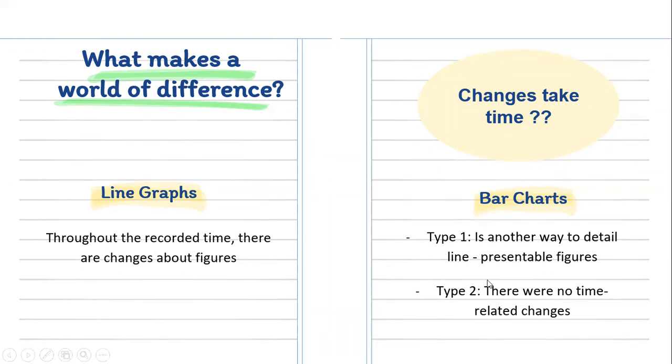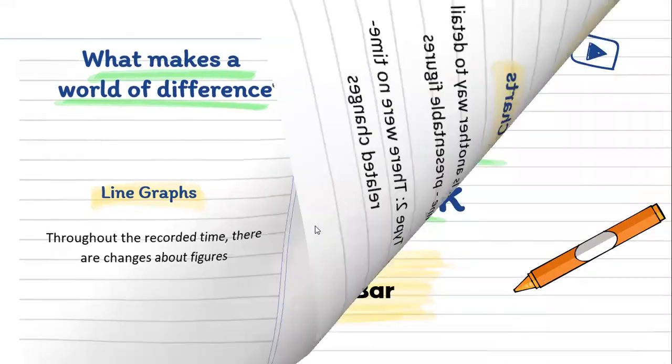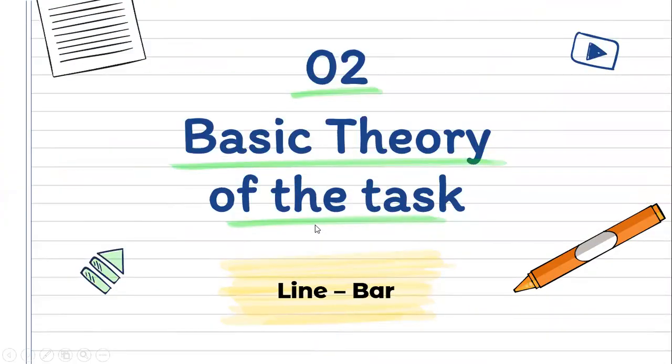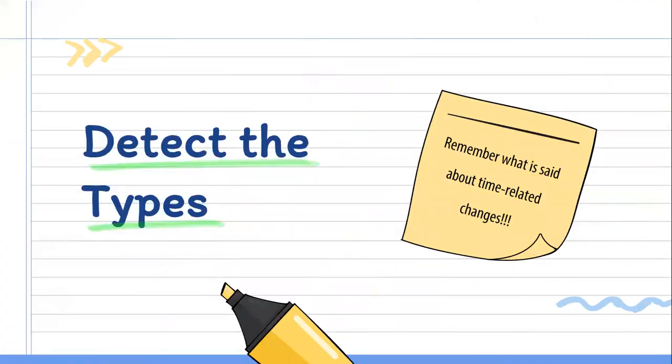Type 1 has a timeline changes, and type 2 has no timeline, no time-related changes. So the basic theory of the task I will give you after you detect the types.